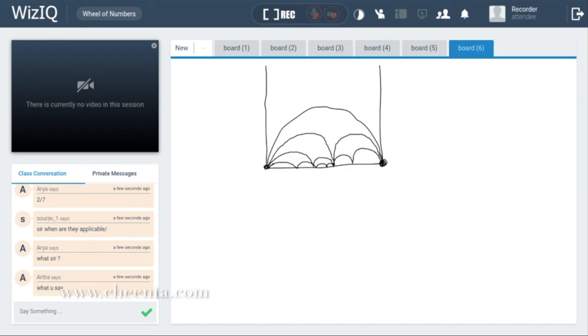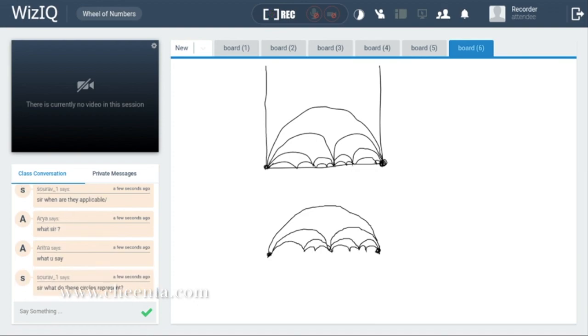And it goes on. Okay? Do you see how it is going on? You can, in fact, draw this without lifting your pen. You can start with one semicircle like this, then halve it, and then go like this, and then go like that. And you can keep on doing this.